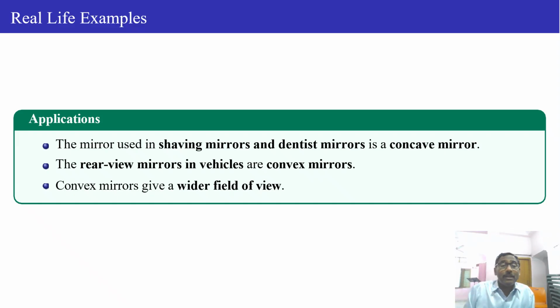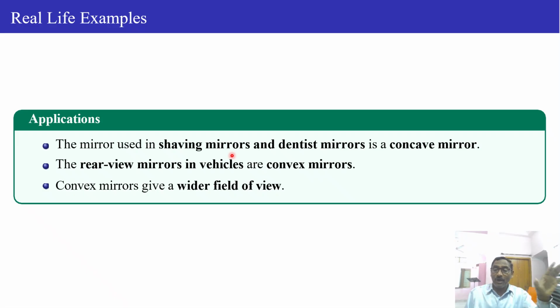Here you can see applications, real life examples. The mirror used in shaving mirrors and dentist mirrors is a concave mirror. If you visit a dentist, you will see the dentist using a concave mirror.